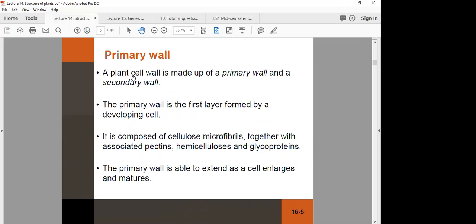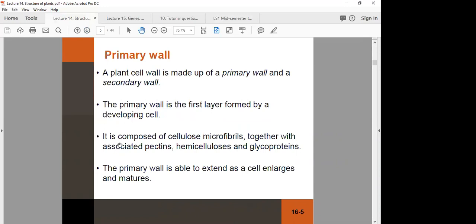Okay, so plant cells are surrounded by a cell wall, and most of them are surrounded by what's called a primary cell wall. Some cell types in plants also have another wall layer, which is called a secondary cell wall. And I'll show you an example of that type of cell later on. So the primary cell wall, this is the first cell wall layer formed by a new developing cell.